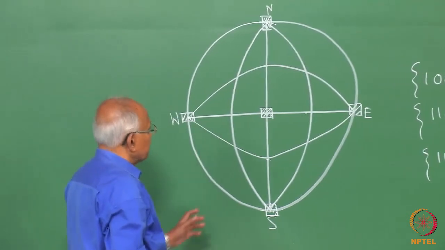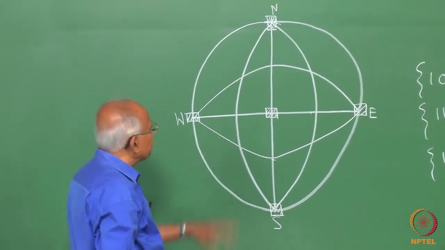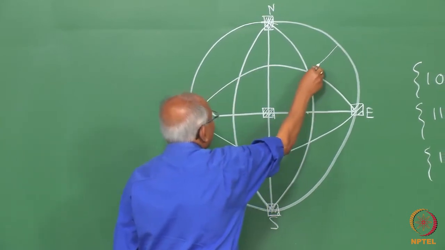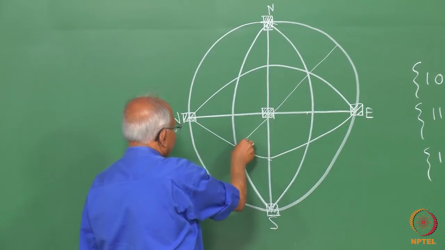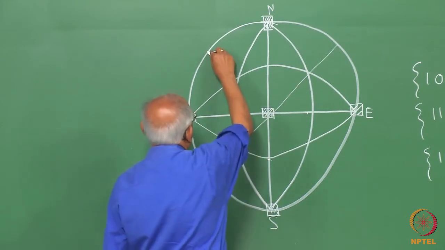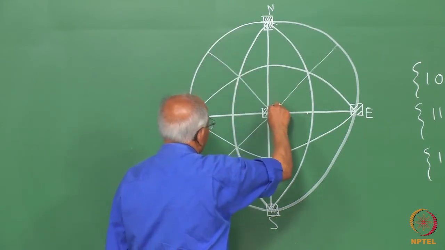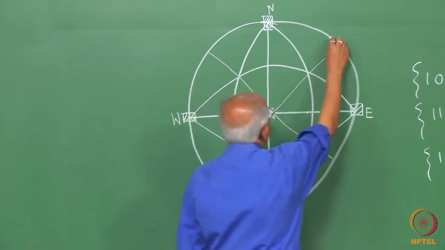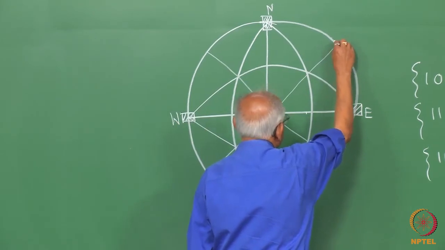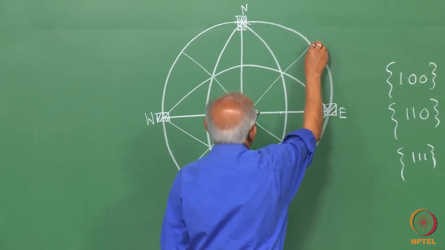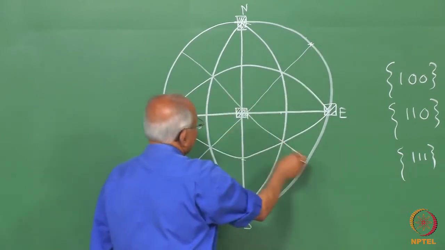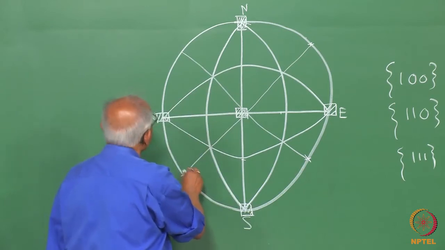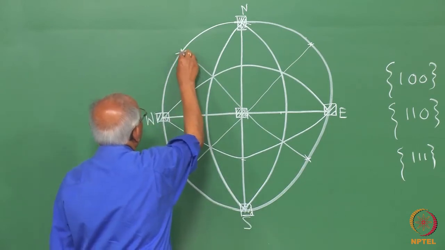Now, where do the 1 1 0 type poles lie? If you will remember, the 1 1 0 type poles lie over here. This is one position, then this is another position, this is the third position, and this is the fourth position here.